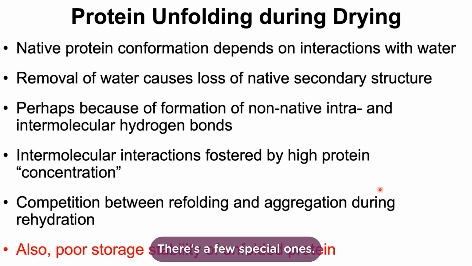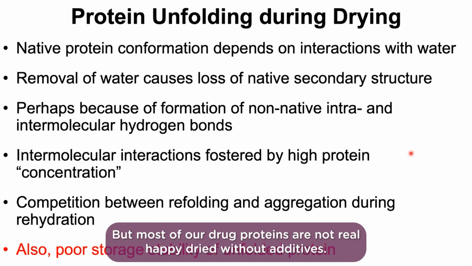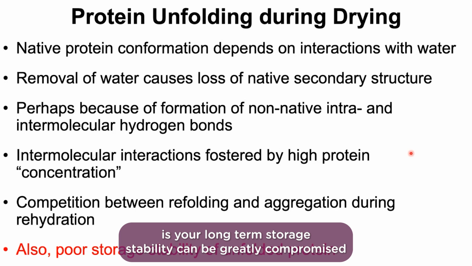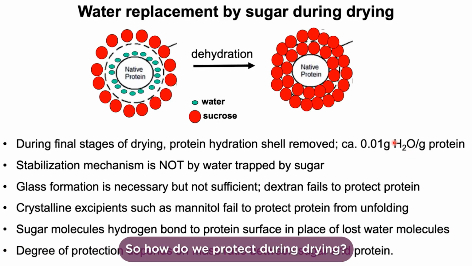There's a few special ones. We call them the biophysicist friends, like chymotrypsin, an RNase, that may not have a problem refolding upon reconstitution, but most of our drug proteins are not real happy dried without additives. And the other thing is your long-term storage stability can be greatly compromised if your dried formulation has unfolded protein molecules. So how do we protect during drying?